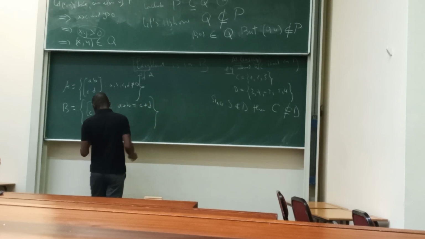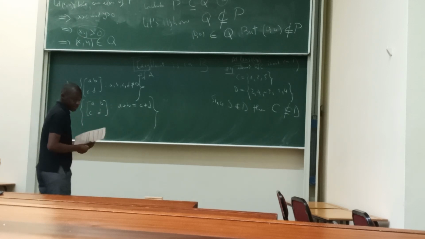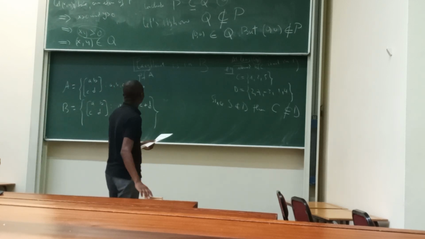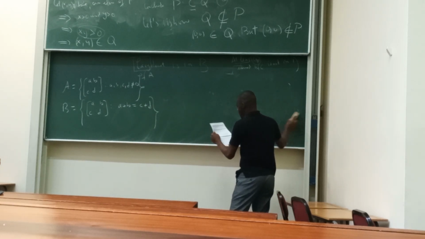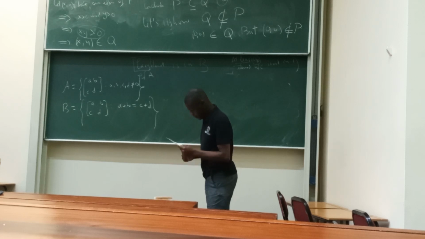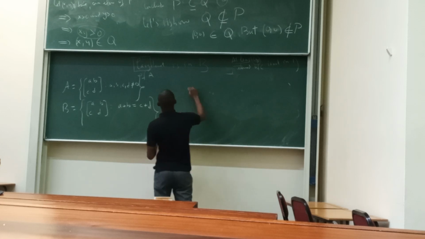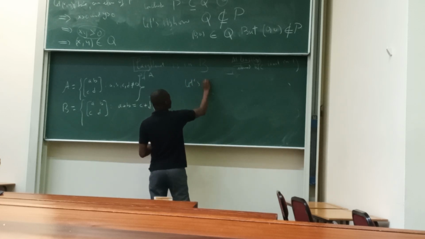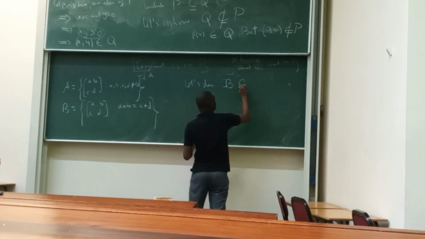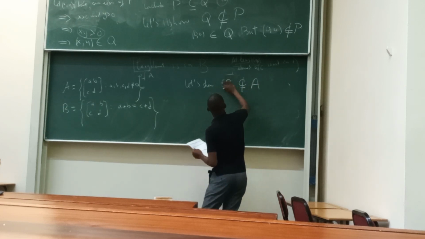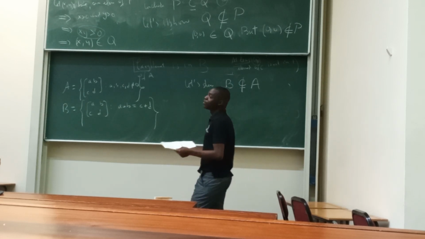So those are the two sets. We want to show that B is not a subset of A. So that's what we want to show.